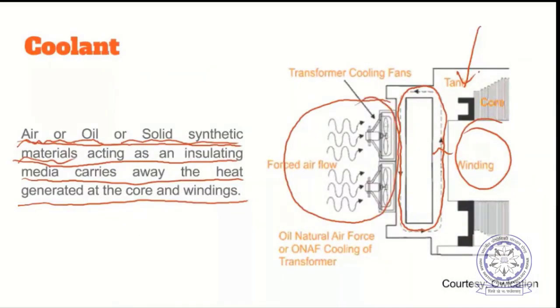You see here, these are radiator tubes. These radiator tubes can be cooled externally by using fans. This is forced airflow, or they may even be left alone without fans. If it is without fans, that is natural cooling. If it is with fans, that is forced cooling.